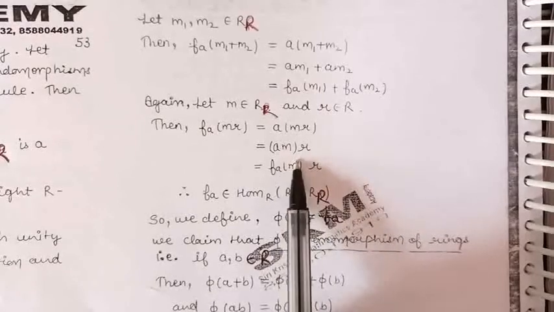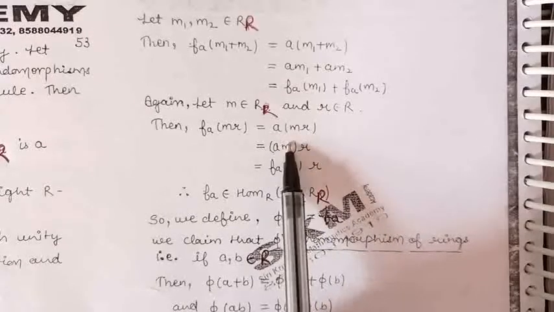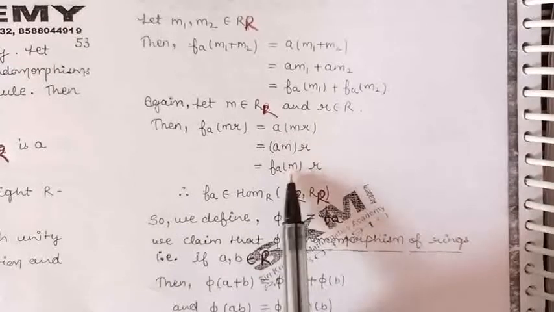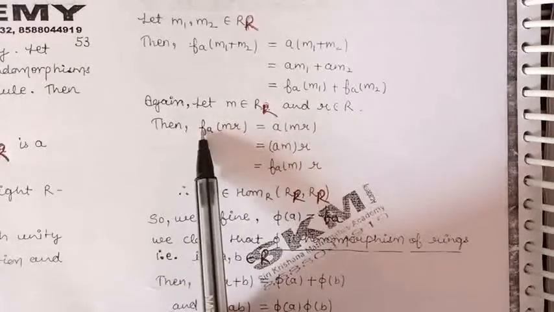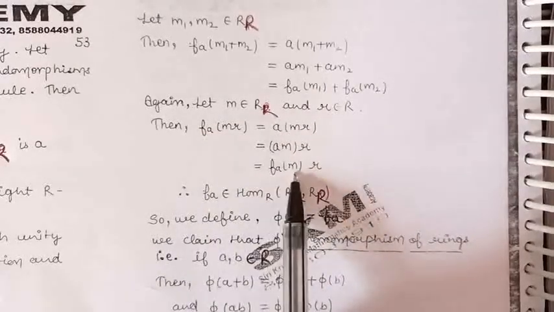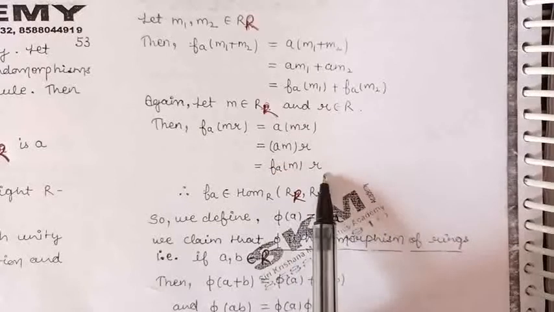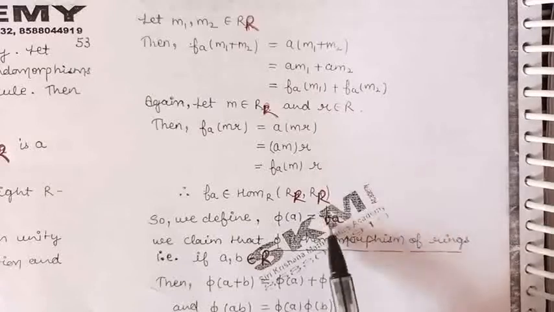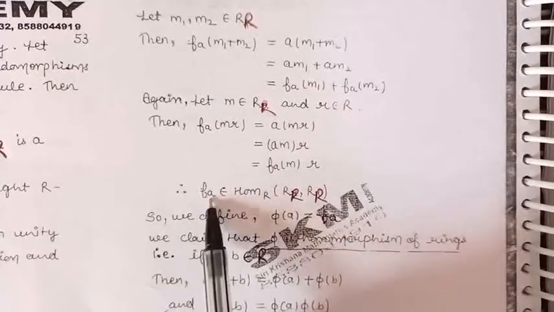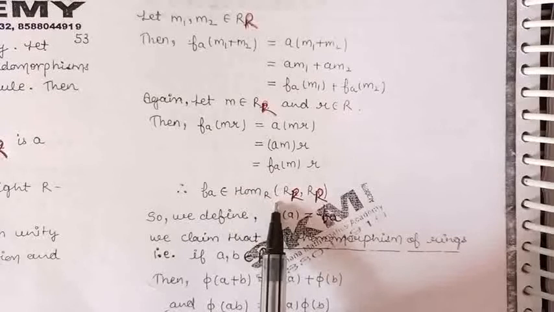Again, by definition, a m is the image of m under the mapping f_a. So we have proved the image of m r under the mapping f_a is equal to the image of m under f_a into the element r. So both conditions for the homomorphism of right R modules are satisfied. So we have obtained an element f_a belonging to the ring of endomorphisms of R regarded as a right R module.